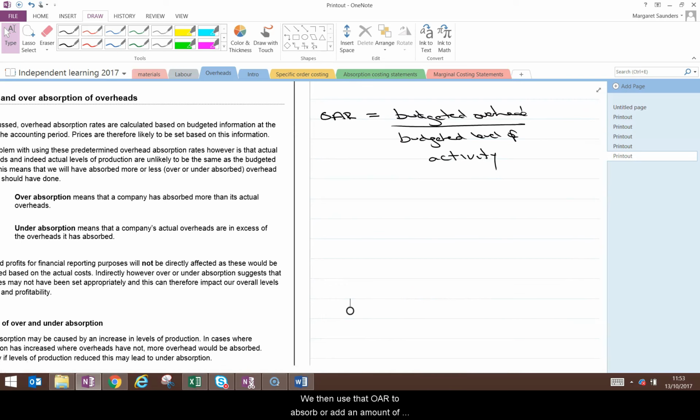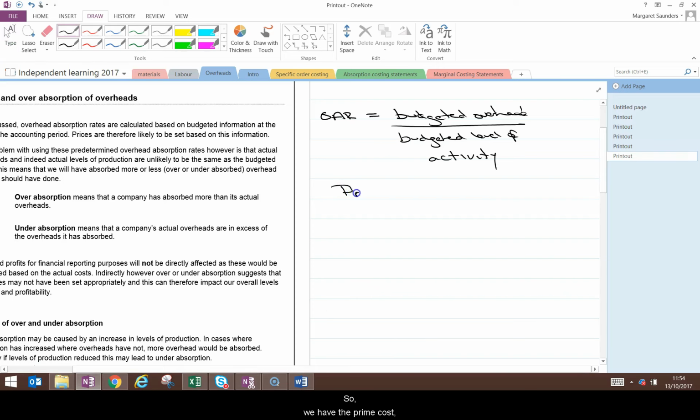We then use that OAR to absorb or add an amount of overheads to the prime cost in order to have a total cost figure for our product, to which we can then add a required profit to give us a selling price.